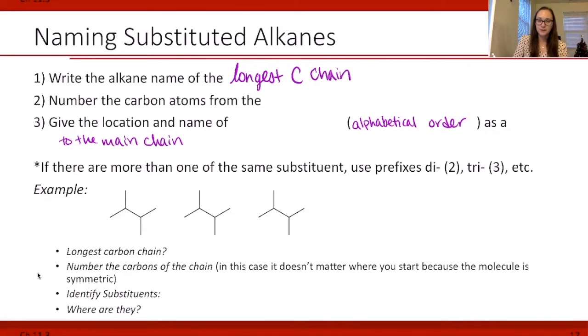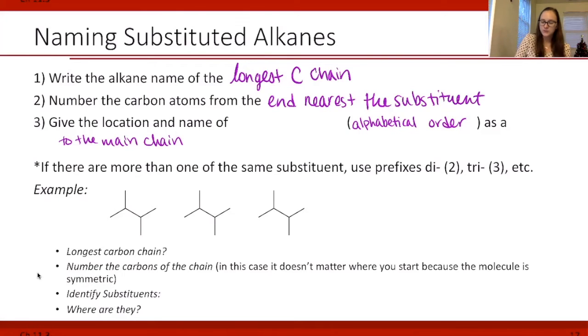Number the carbons from the end nearest to the substituent. What this means is that when we number our carbons, we're wanting to try and get our substituents, or the things hanging off of it, to be at the lowest numbers possible. And then number 3 is give the location and the name of each substituent in alphabetical order as a prefix to the main chain.